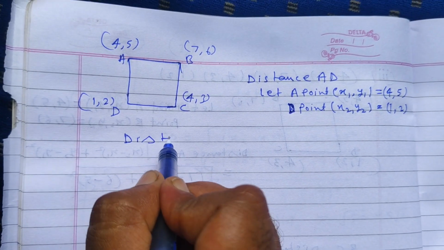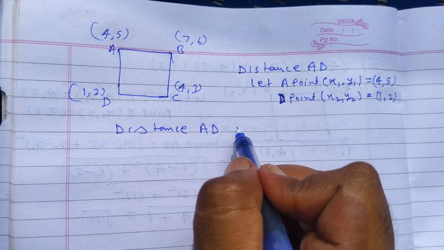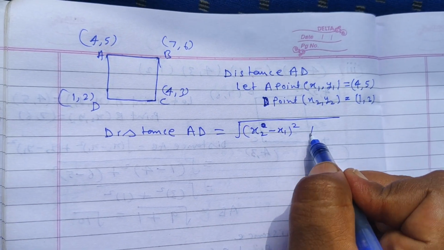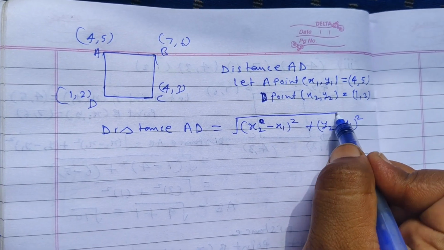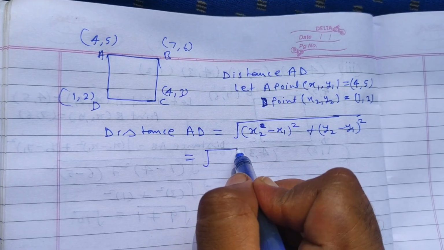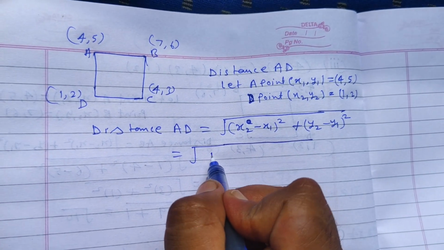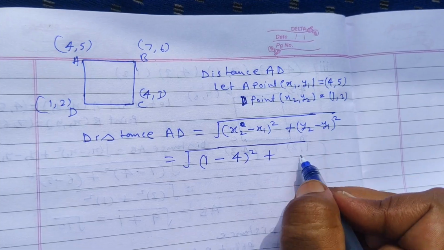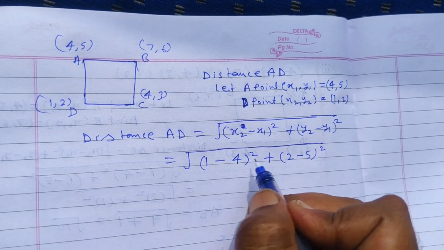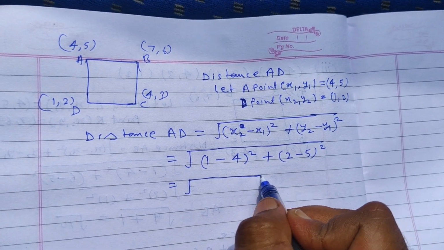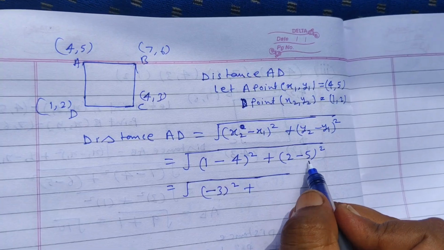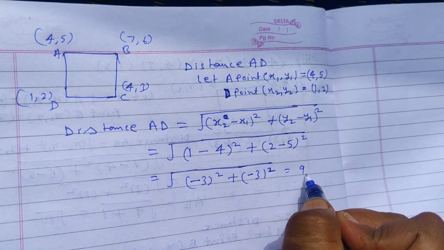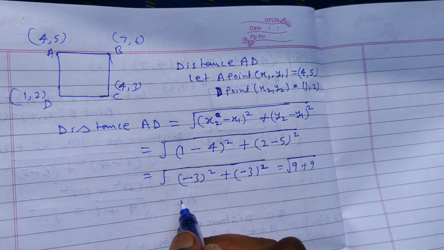Distance AD is x2 minus x1 and y2 minus y1. x2 is 1 minus 4, y2 is 2 minus 5. Minus 3 squared, minus 3 squared, that is 9 plus 9 equals 18.